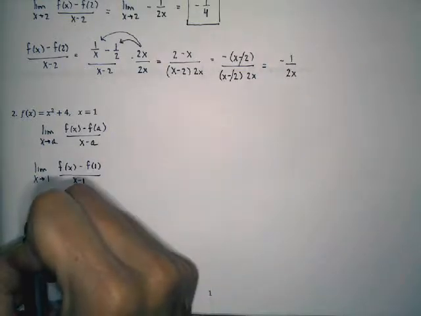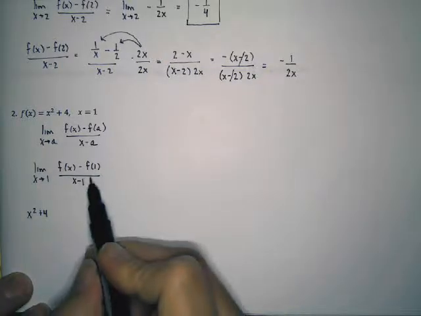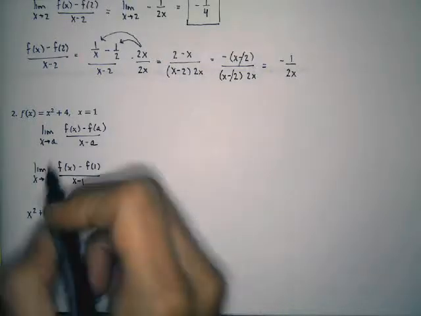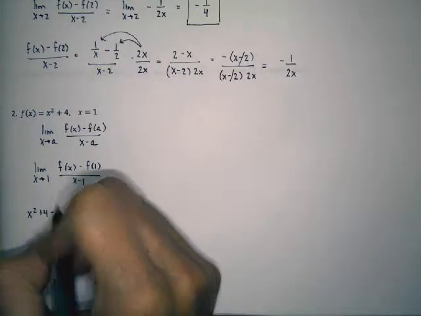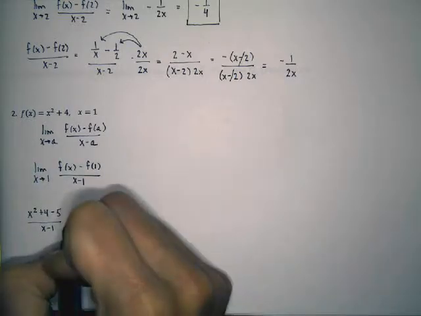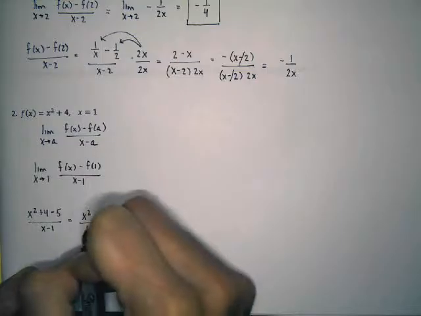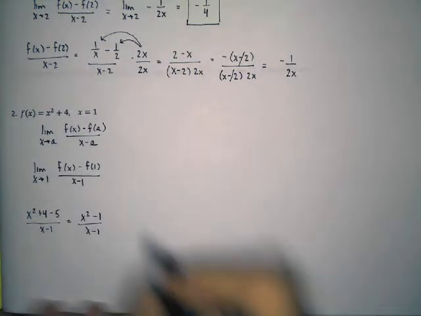So I have f of x minus f of 1 over x minus 1. If I go down here, f of x is x squared plus 4, and my f of 1 is 1 squared plus 4, which is 5, over x minus 1. When I simplify this, I get x squared minus 1 over x minus 1.